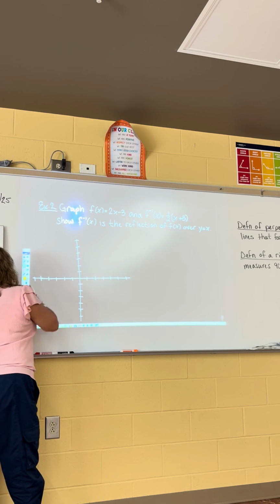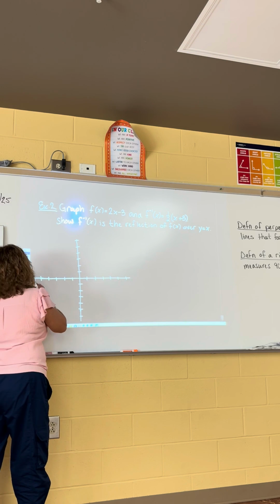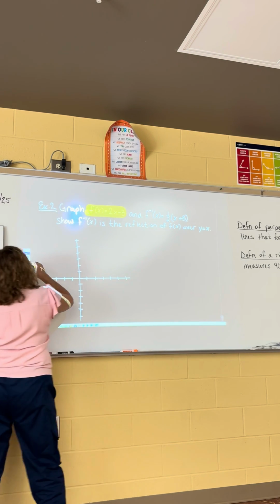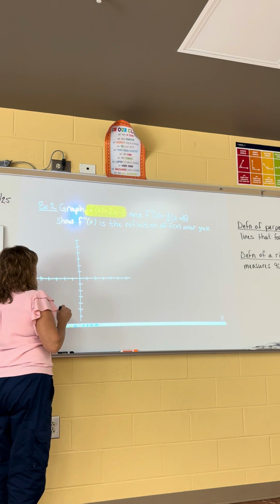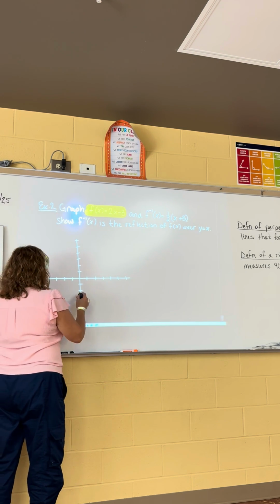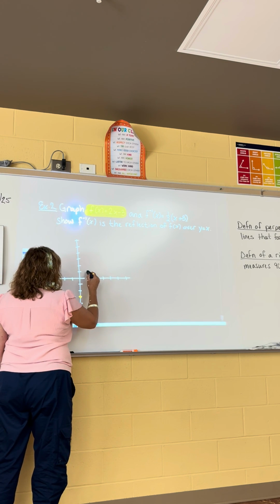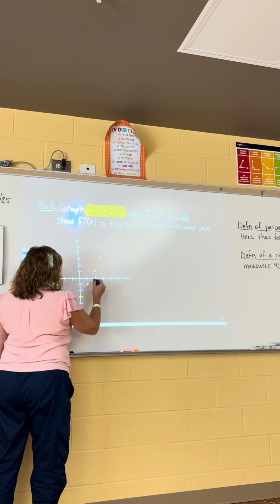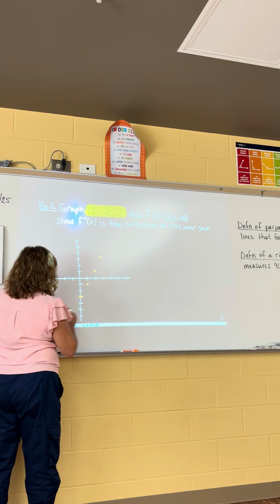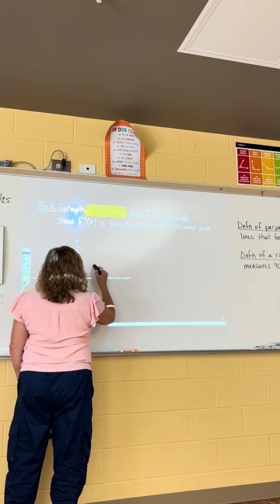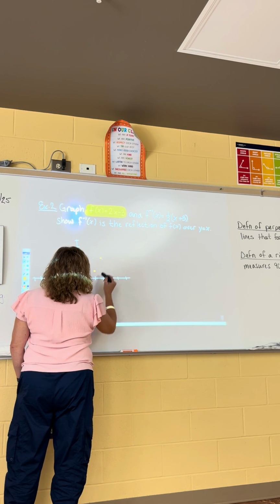Okay, I'm going to do this one in yellow, and we'll do the other one in green. Okay, negative 3. From there, rise 2, run 1.